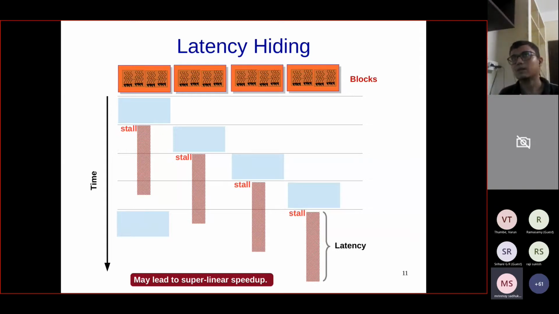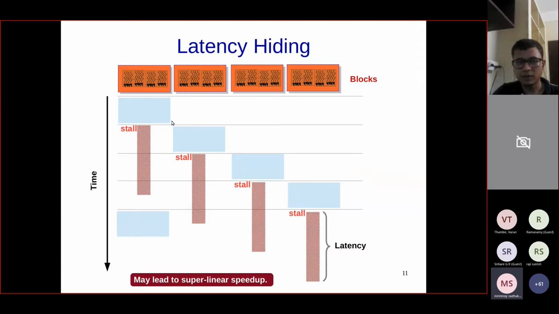If you remember, a couple of lectures back I mentioned that one streaming multiprocessor is allocated multiple thread blocks for execution. This is the reason why, because it helps in latency hiding.